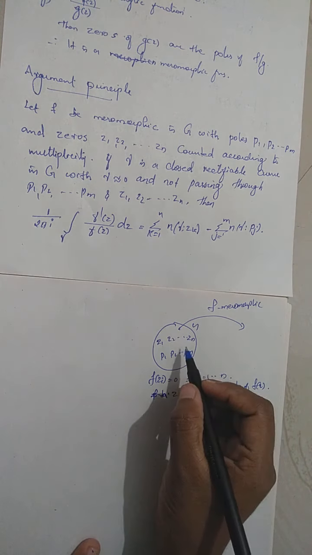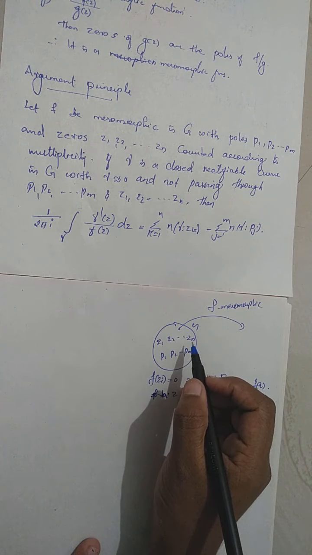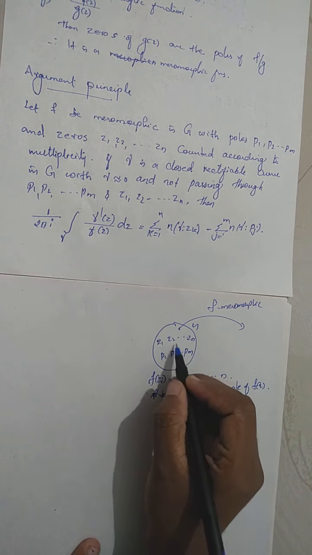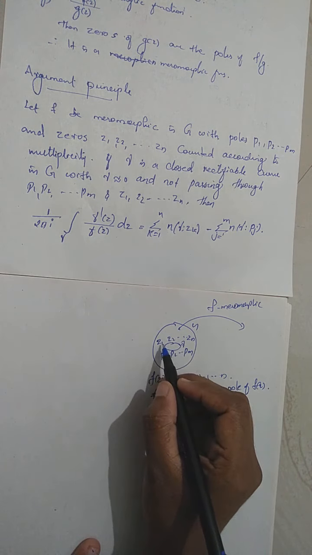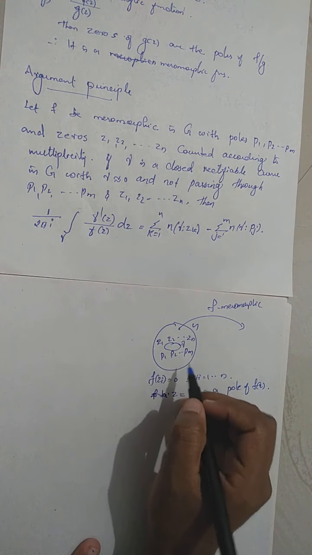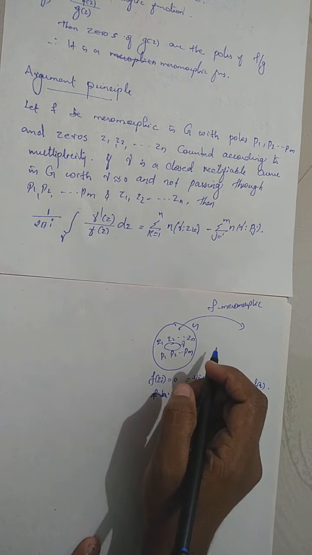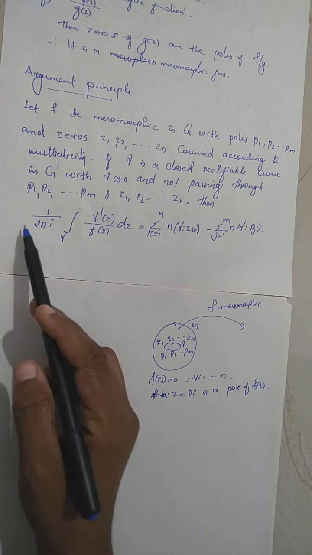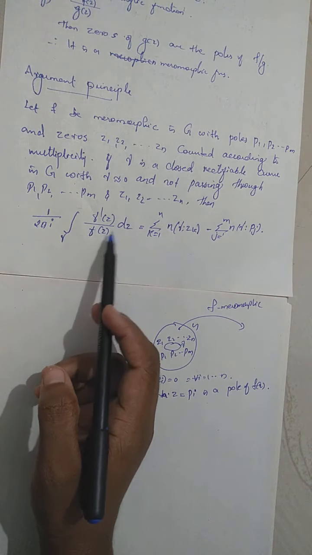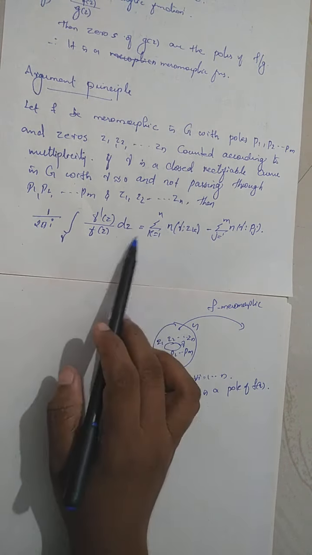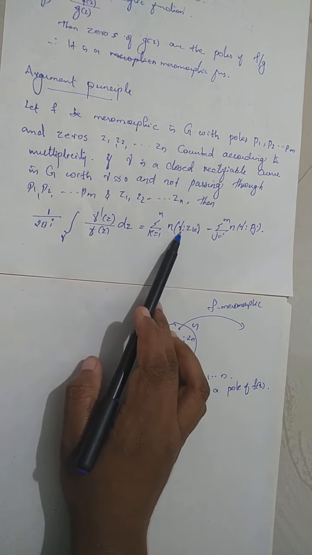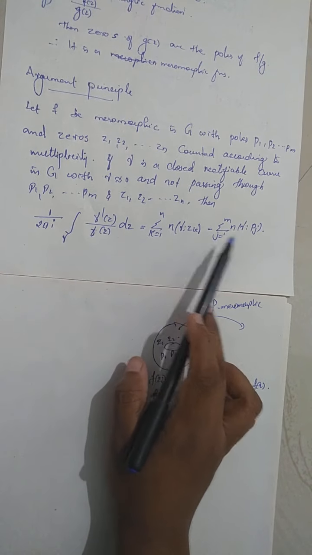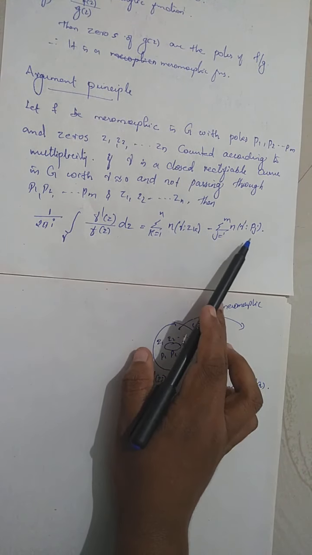And if we consider any gamma, which is a simple closed rectifiable curve in G, with gamma homologous to 0, and which does not pass through any of these zeros and any of these poles, then 1 by 2 pi i times the integral over gamma of f dash z divided by f z dz will be equal to the sum of the index of each zero minus the sum of the index of each pole.